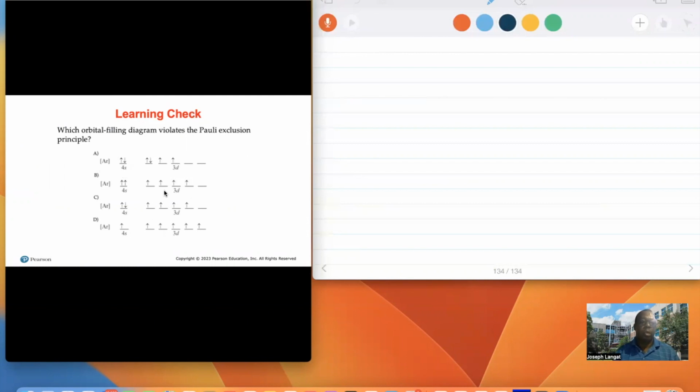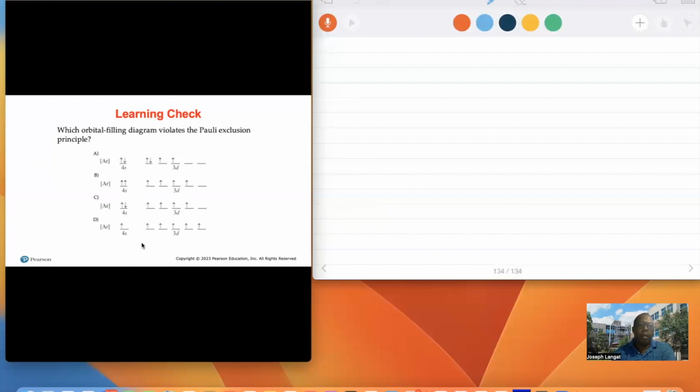This was wrong because the two electrons cannot spin in the same direction. They must have opposite spin. This one, you do not pair them up until they are singly distributed.